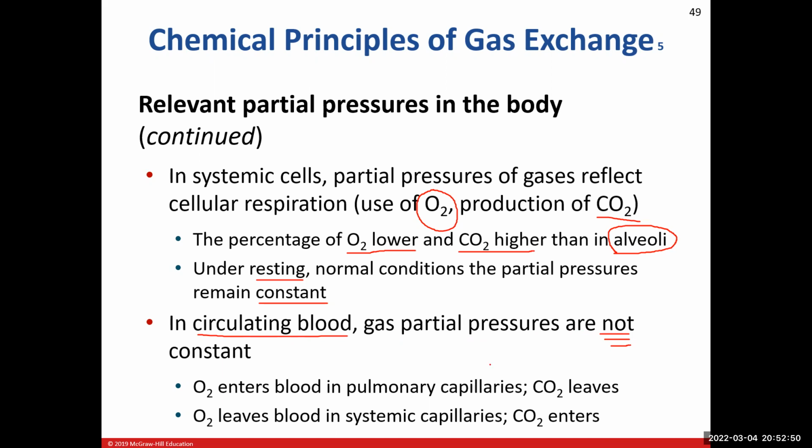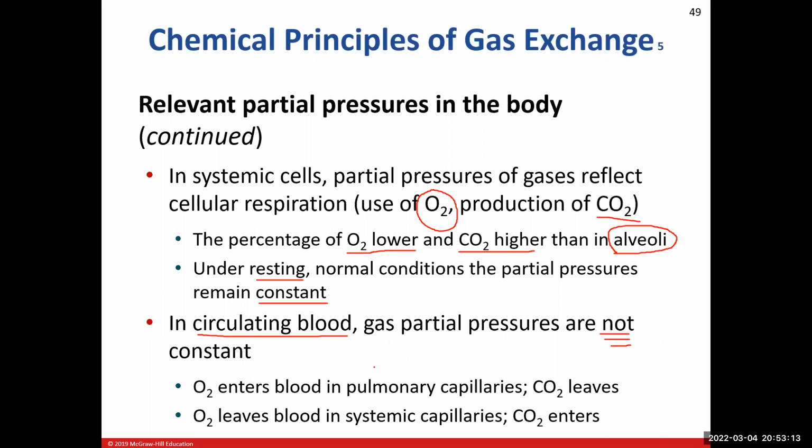So for the most part, when we're talking about the movement of respiratory gases, oxygen is going to enter into the blood, the pulmonary capillaries, from the alveoli. As it enters, carbon dioxide leaves. As you exhale, you'll blow it off.